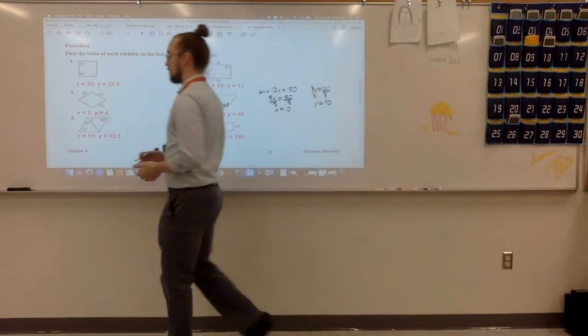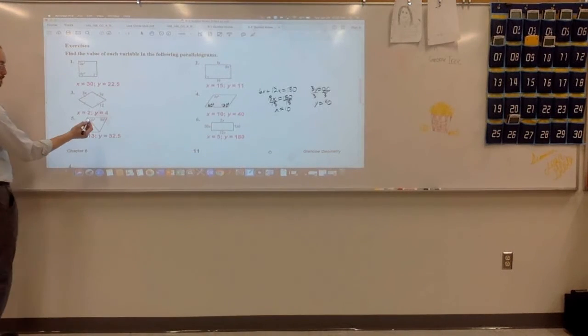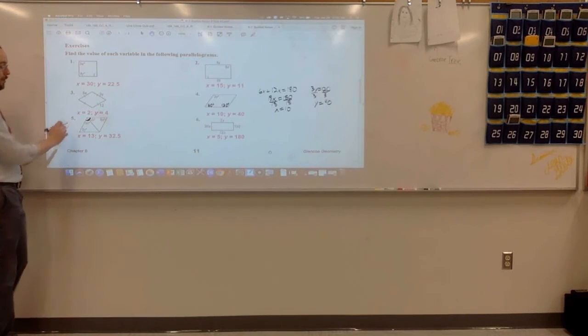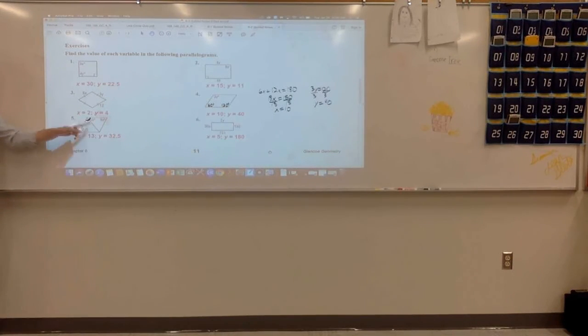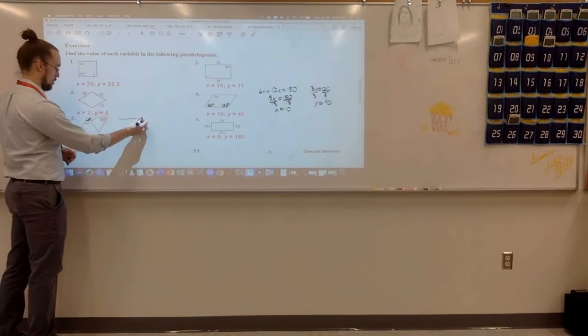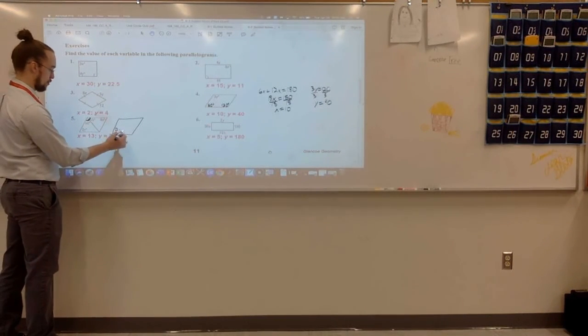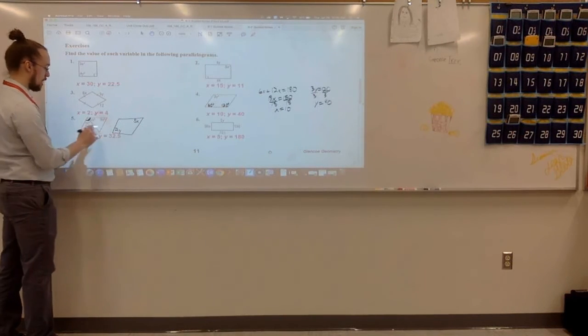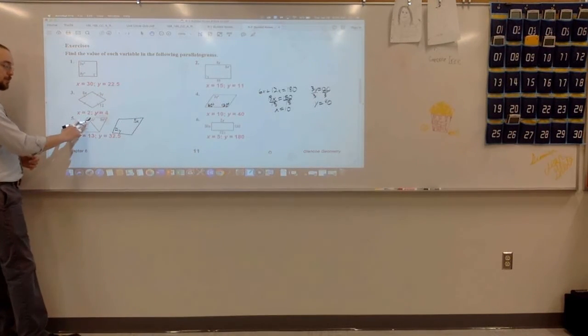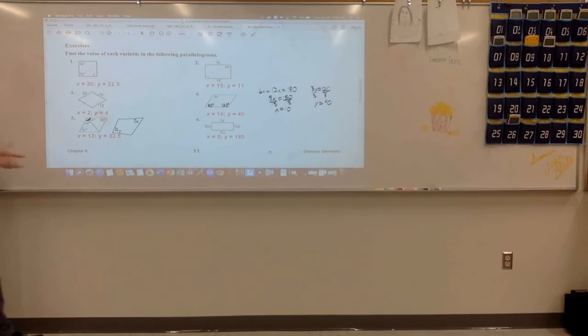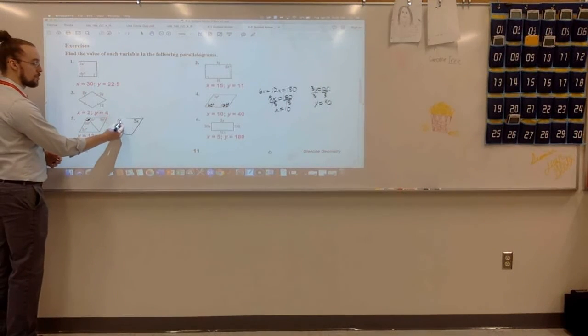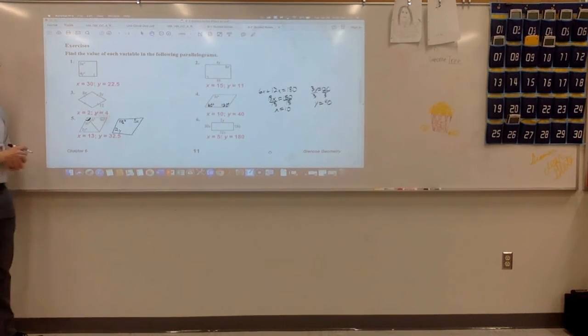For number 5, the easiest way, I think, is to think about this entire angle here. Just pretend that this line isn't even here. We could even redraw this and say this angle is 2y, this one's 5x, and then for this whole thing, we would just add 60 and 55 together to get that this angle is 115.